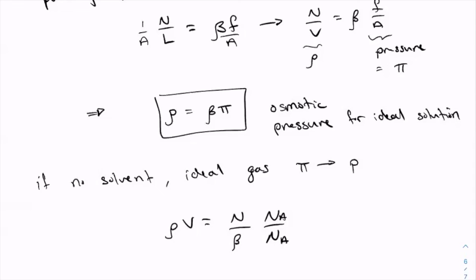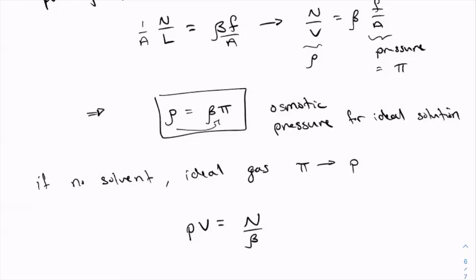Oops, sorry, that's not rho. PV, so I bring the volume over to that side. So I have PV equals N over beta. Let's try that again. So associating pi with pressure, I could write this as PV is N over beta.